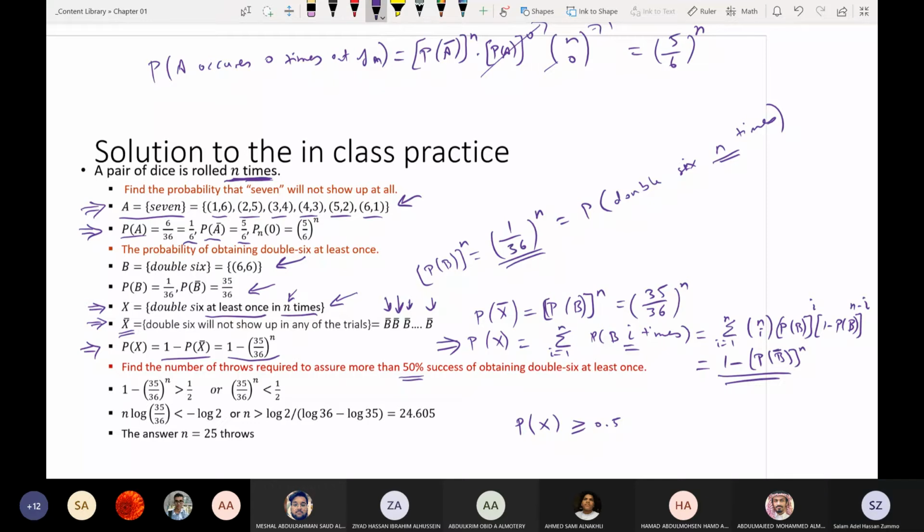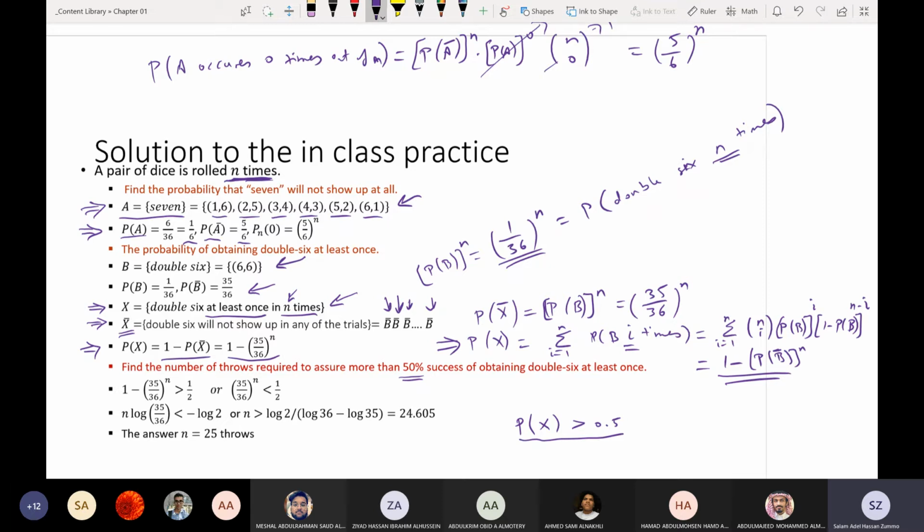Right? Larger than or equal to 0.5. Larger than without equal, لأنه at least here. To assure more than, ما في more than or equal. So we would like to have the probability of x larger than 0.5. And in order to do this, we solve for this inequality.